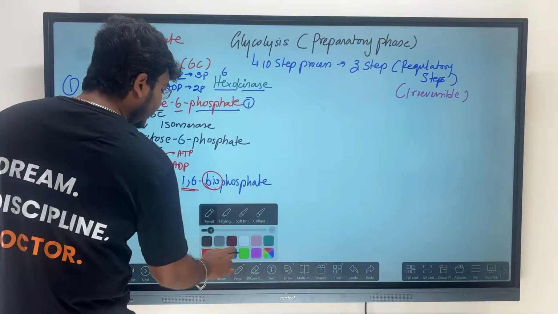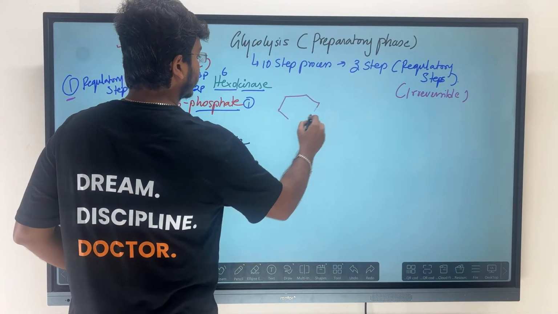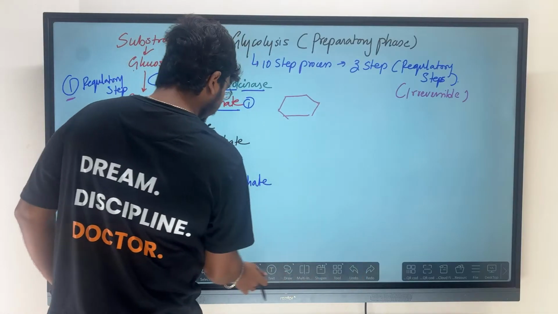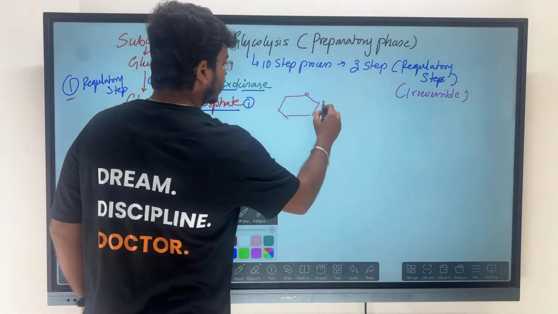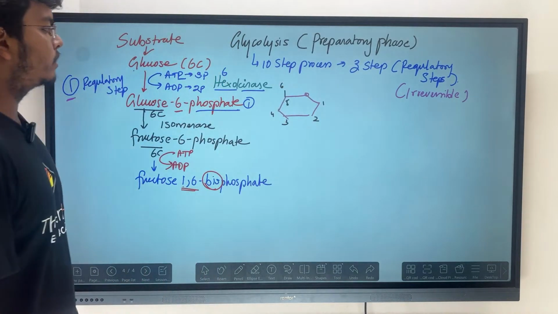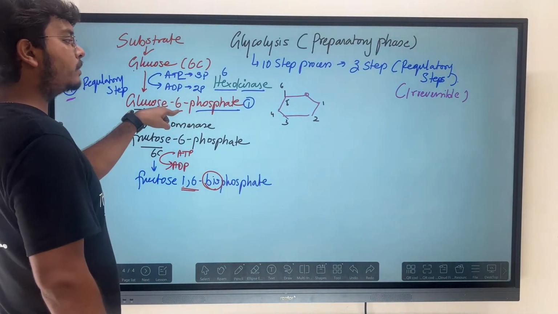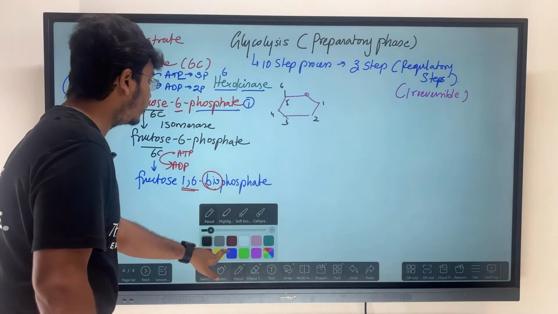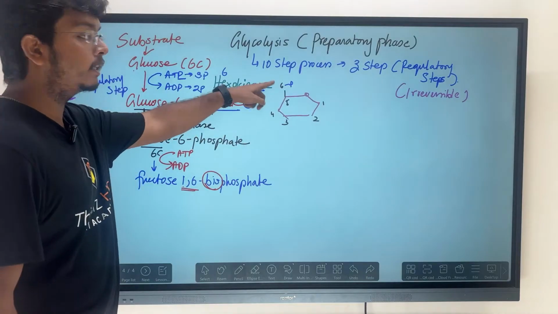How to make it easy? Let's say, for example, this is 1 glucose, and these are the carbon positions 1, 2, 3, 4, 5 and 6. In this glucose, I'm going to add a phosphate in the 6th position. So here you can see I have added the phosphate in the 6th position.